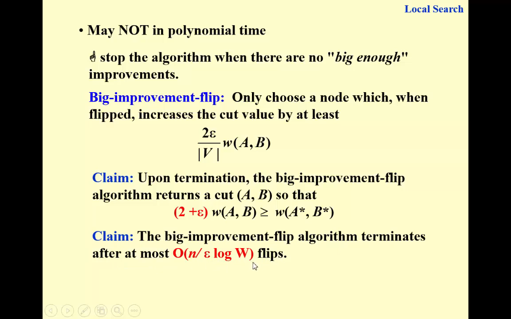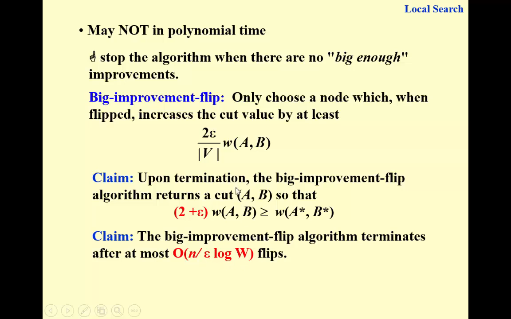So what is this? This is indeed polynomial, right? Because here we have a polynomial of n, a polynomial of 1 over epsilon, and a polynomial about W. This is log W, right? Which is the number of bits that W occupies. So this is linear. Actually, the proof is not too complicated.